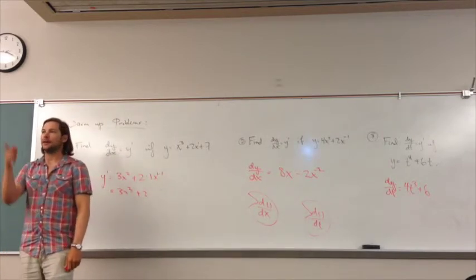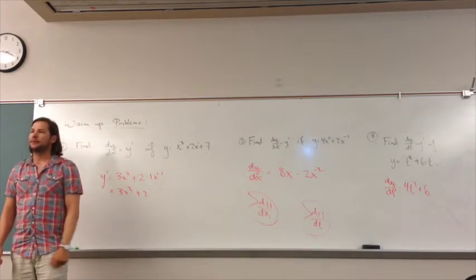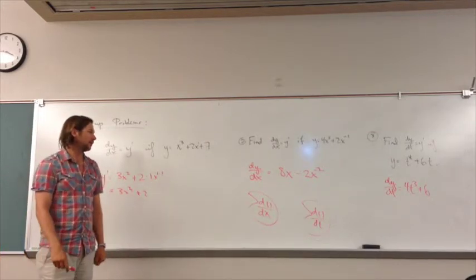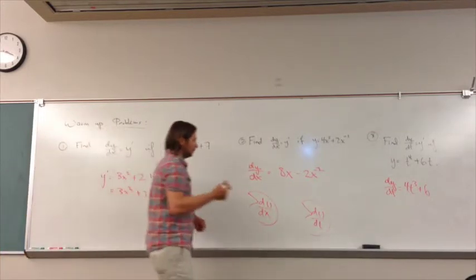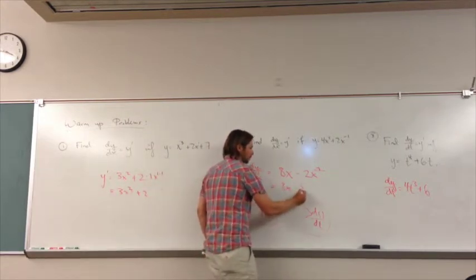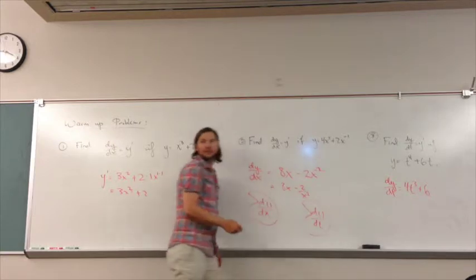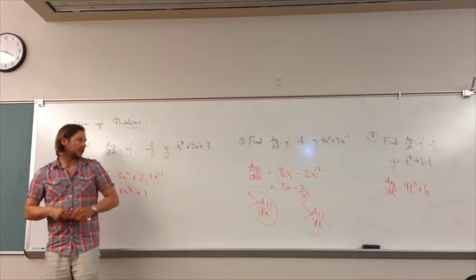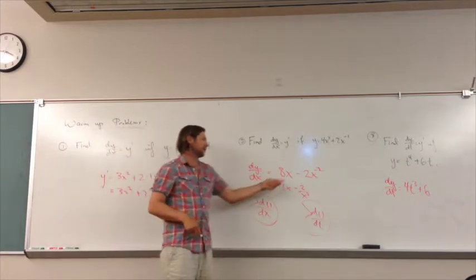Oh, we're not supposed to simplify the negative 2x to the negative 2 power? You mean algebraically? Like put in a fraction? I mean, you could write it like this. It's fine. But you don't mind if you see it out. Personally, I like this better.